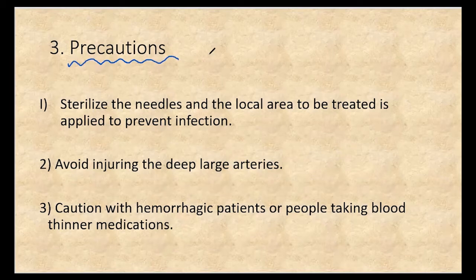So when we use the bleeding technique, similar to when we use regular needles, we need to sterilize. And similar to needling, we need to put alcohol on locally first.